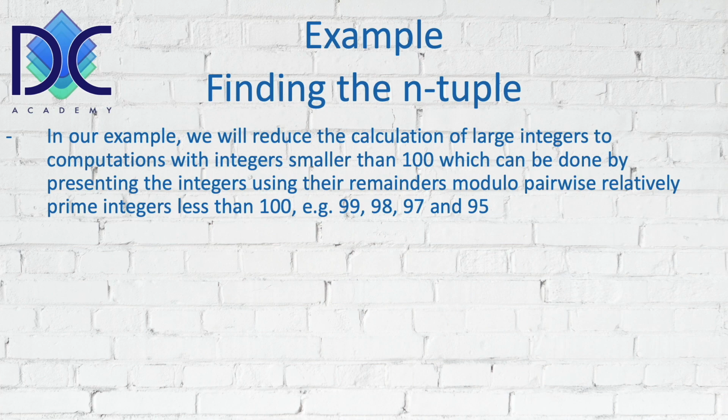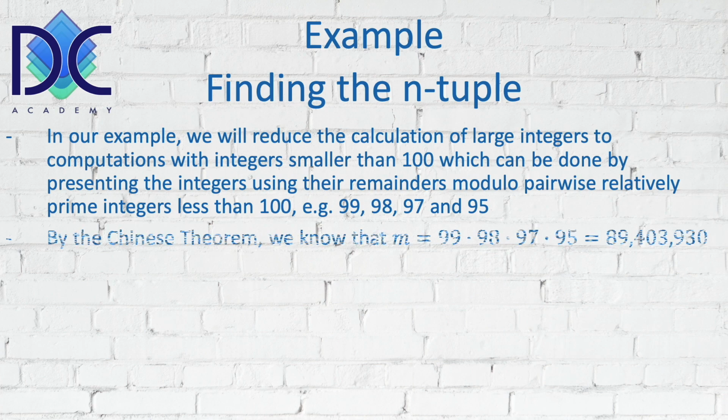So the next one is 95. Basically, we have those four moduli that we are going to use to do the calculation. Now, by the Chinese remainder theorem, we know that m is 99 times 98 times 97 times 95, which gives us 89,403,913 as a product.